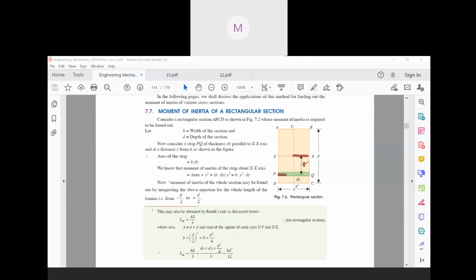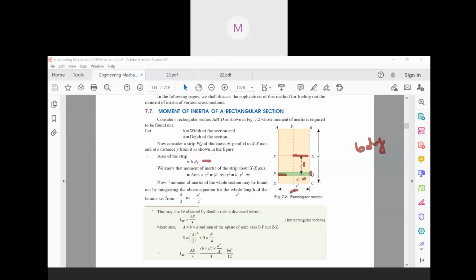The small part is dy and the width is b, so the area is length into b, that is b into dy.